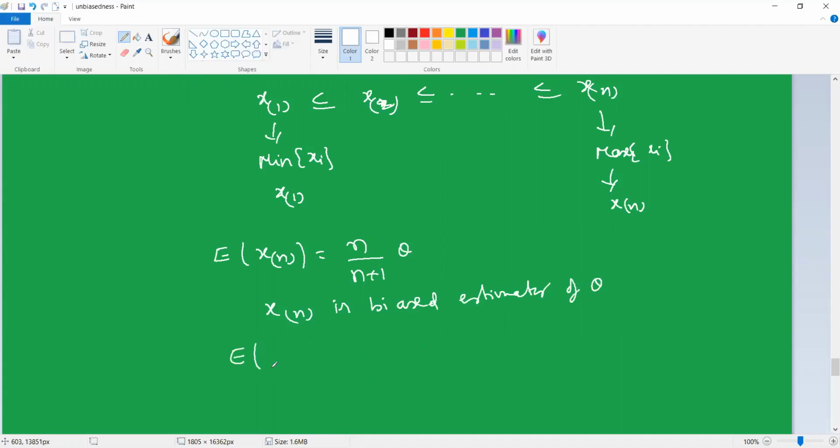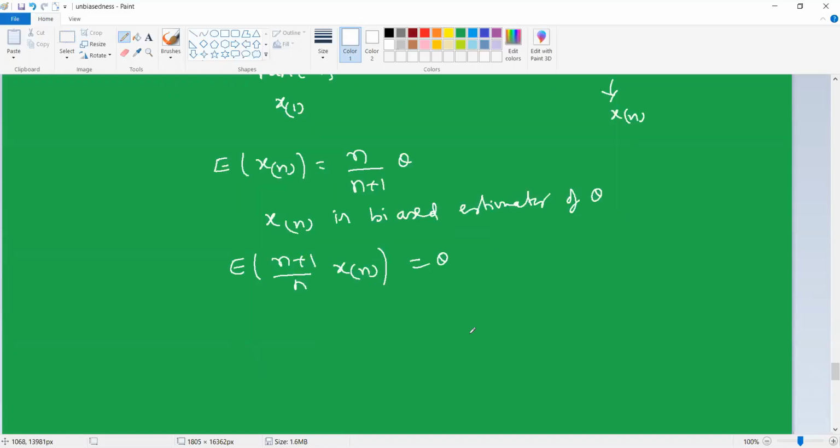So in this case, to get the unbiased estimator, we have to identify a function of sample observations, or order statistics observations. Bringing to the left side, n by n plus 1 is purely a constant, so n plus 1 by n into xn order is equal to theta.